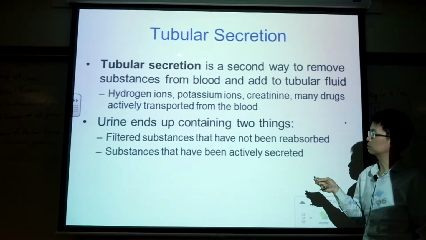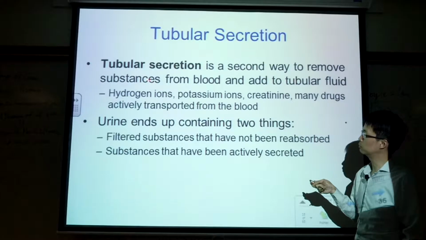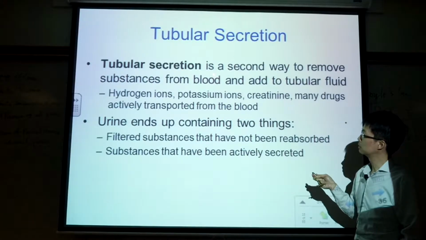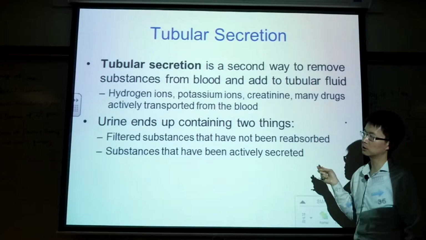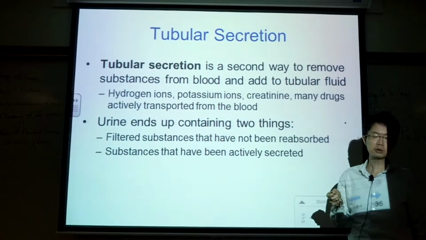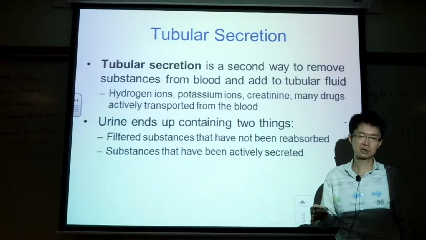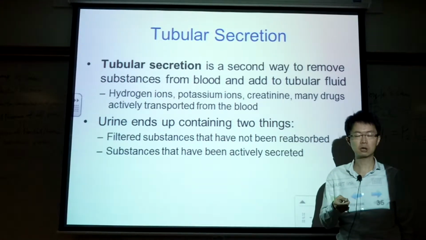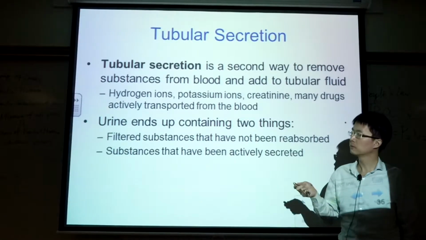Now secretion, the definition is that it's the substances moving from your blood into the kidney tubule, the tubular fluid. So secretion is very similar to filtration, but the location is different. The filtration occurs in the glomerulus and Bowman capsule.